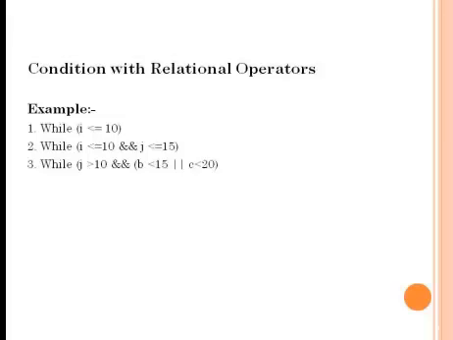Here we have more than one operator: the less than operator and the left shift operator. We go for precedence levels. The precedence of the left shift operator is more than the less than operator. So first it will check 15 left shift c.